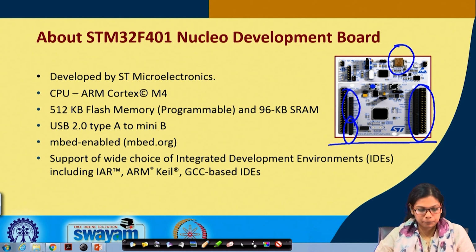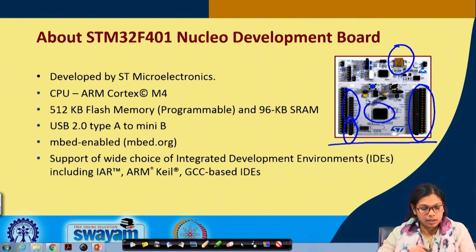Let me talk a little bit about this board. This board is developed by a company called ST Microelectronics. The CPU inside this board is ARM Cortex M4. It has got 512 KB of programmable flash memory and 96 KB of SRAM.